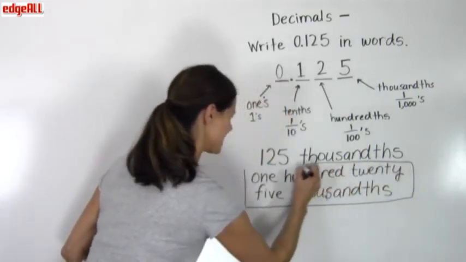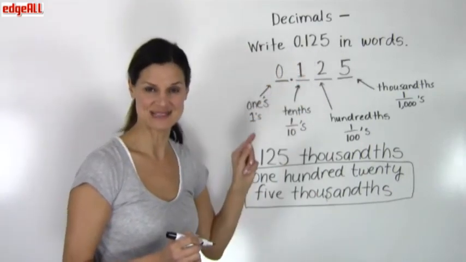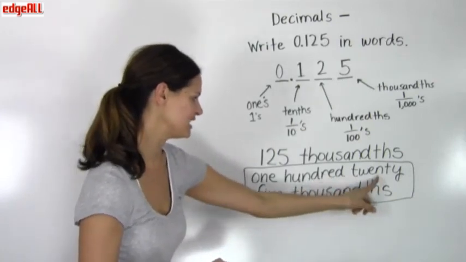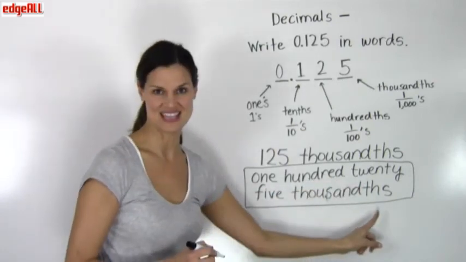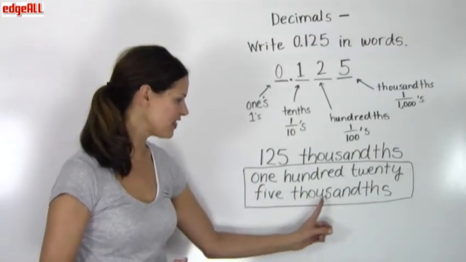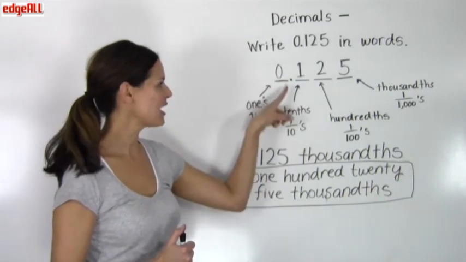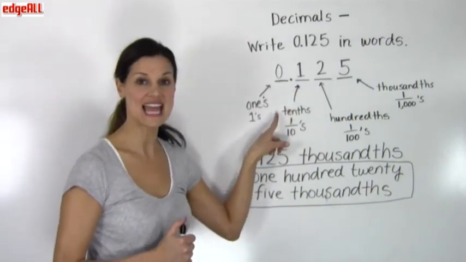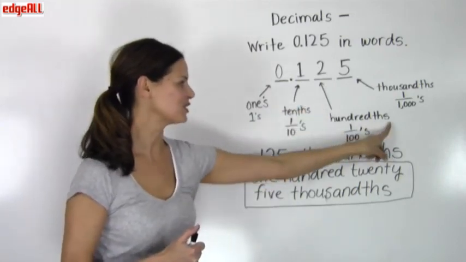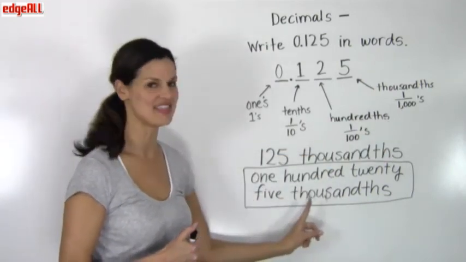So if I'm asked to write 0.125, this decimal, in words, it would look like this: 125 thousandths. Look carefully. This is called thousandths and not thousandth. In the same way, when we do tenths, we don't say tenth, we say tenths. And same thing with hundredths. Make sure you have the S on the end, and we say 125 thousandths.